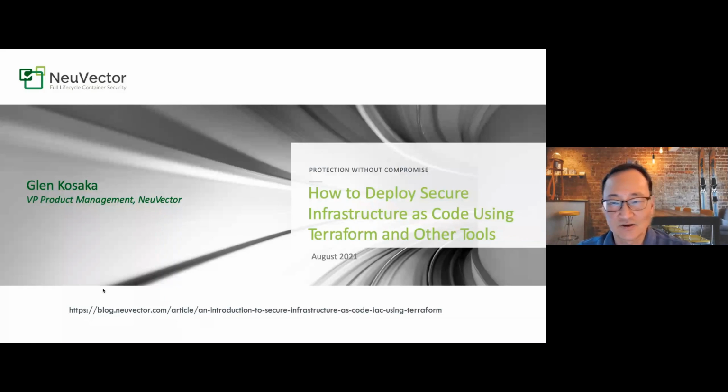As the title says, it's not just how you can use automation to deploy infrastructure as code, but how can you deploy it securely? How can you get it right in the first place so that it's got as many protections as possible against all of the hackers out there? So that's what we're going to be talking about today.